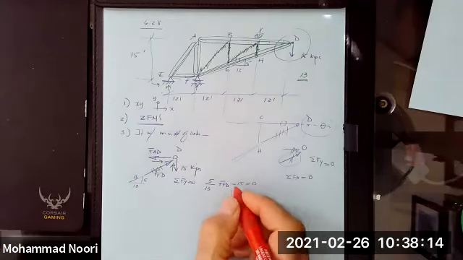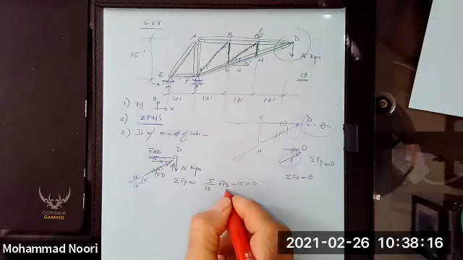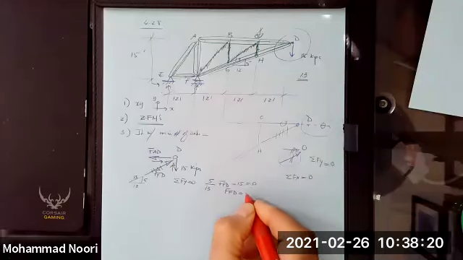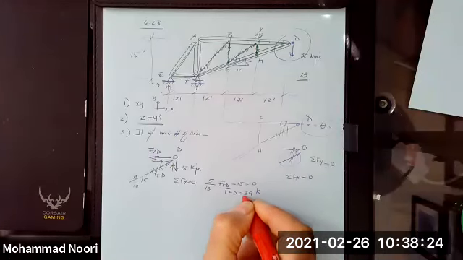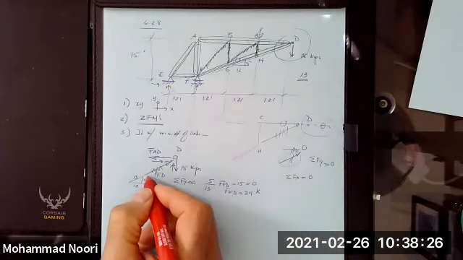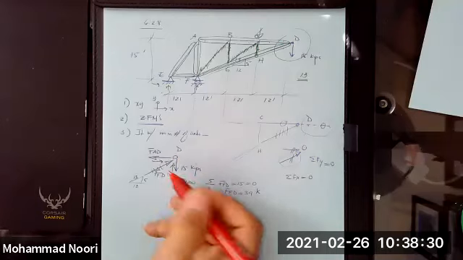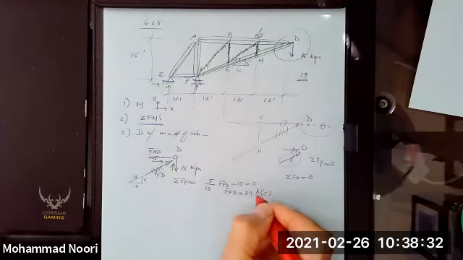So FD comes out to be positive 39 kips. It came out positive, that means the assumed direction is right. Force is going towards the joint, that means this is in compression, okay?